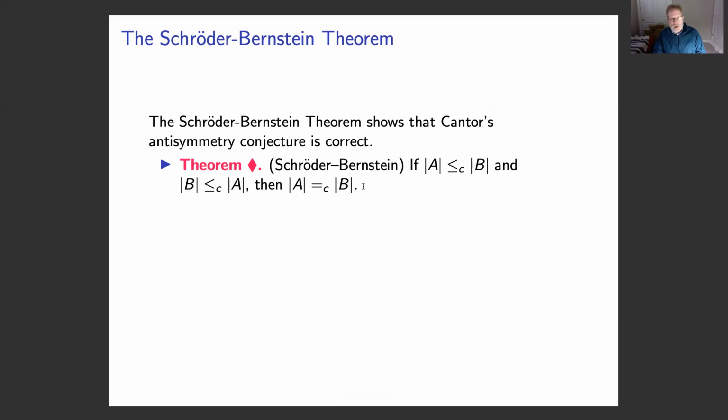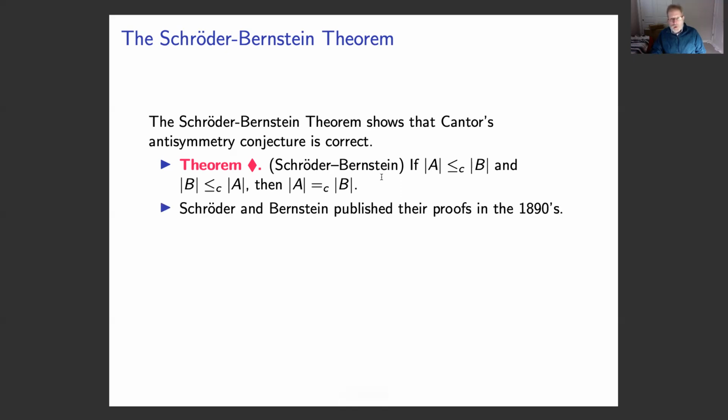Now, Cantor proposed a proof of this theorem, but his proof used an assumption that was shown to be unnecessary. But Schroeder and Bernstein had proofs that didn't use Cantor's assumption. So sometimes this is called the Cantor-Schroeder-Bernstein theorem. But I like to call it the Schroeder-Bernstein theorem because these are the two guys who first published the proof.